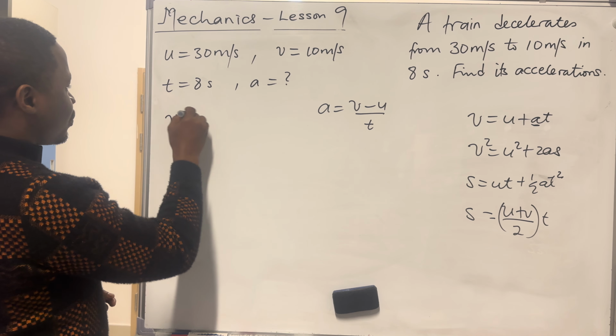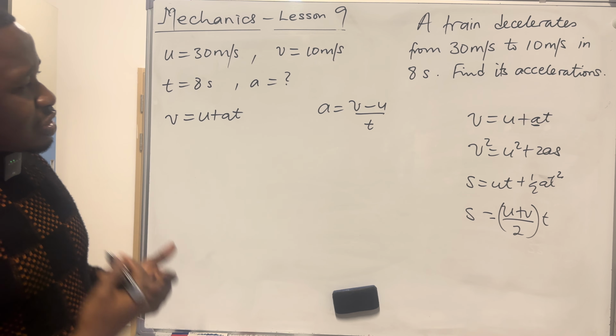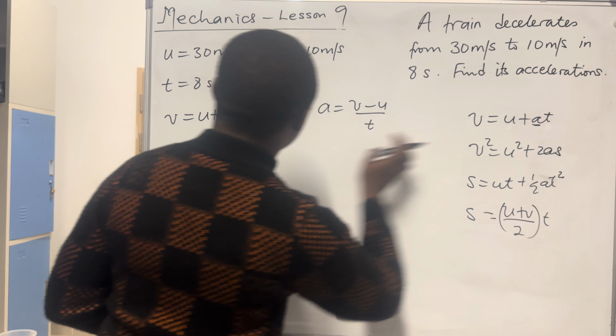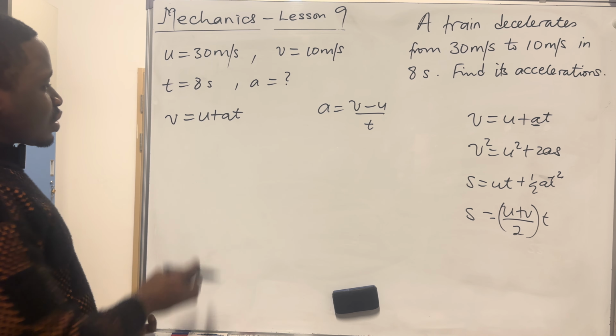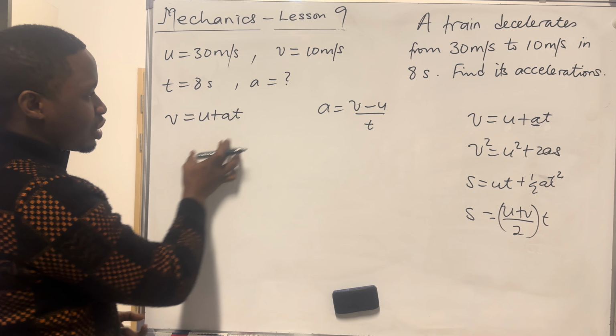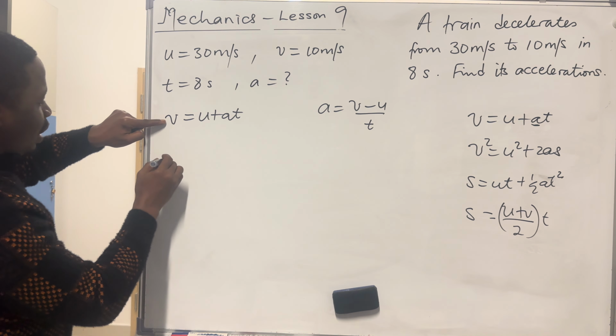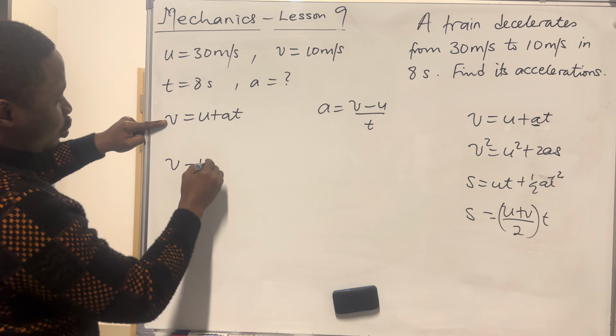Primarily, it's supposed to be v equal to u plus at. That is for sure. But if you want to find a, using this one will lead us to a waste of time, because this one is converted to this. How does this one give us this one? Well, this v comes to the left minus u.